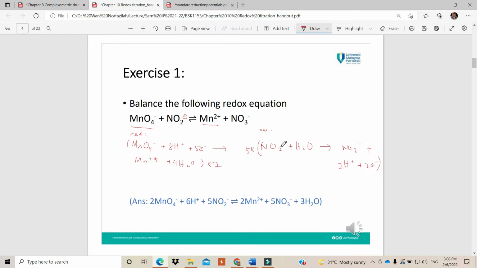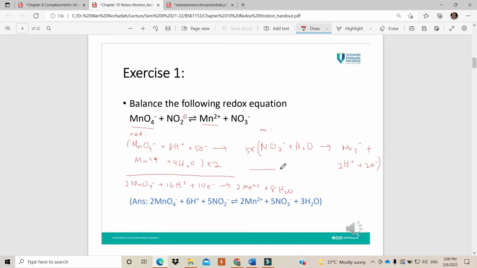Okay, so that both of them will have 10 electron. After we have times 2 here, we should get 2 MnO4 minus plus 16H plus 10 electron, giving 2 Mn2 plus 8 H2O. Okay, this is for reduction.